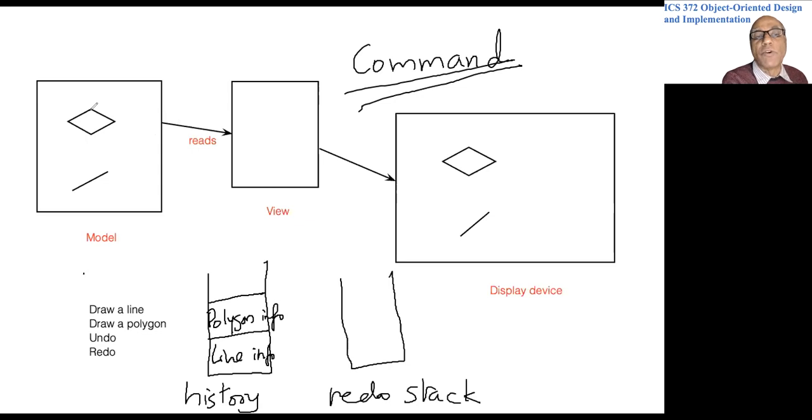So for example, for polygon, there will be a polygon command. For line, there will be a line command, etc. And each one of these subclasses of command, like polygon command, would store the polygon object. We'll have operations to undo and redo the operation. So let us see the transparencies now.